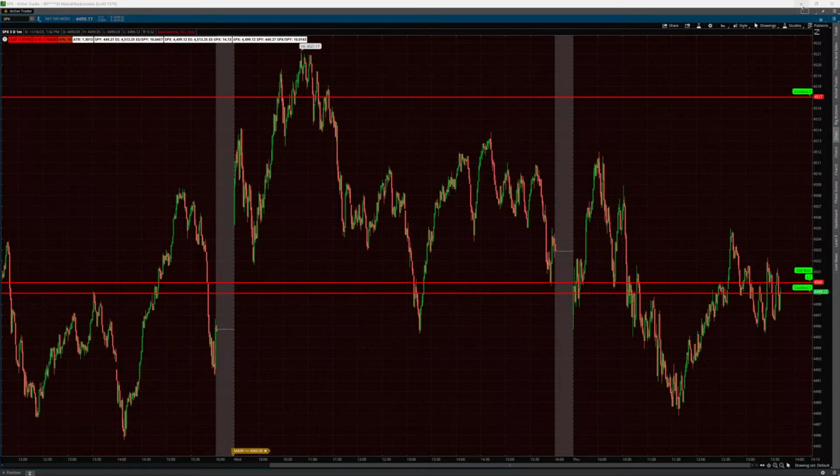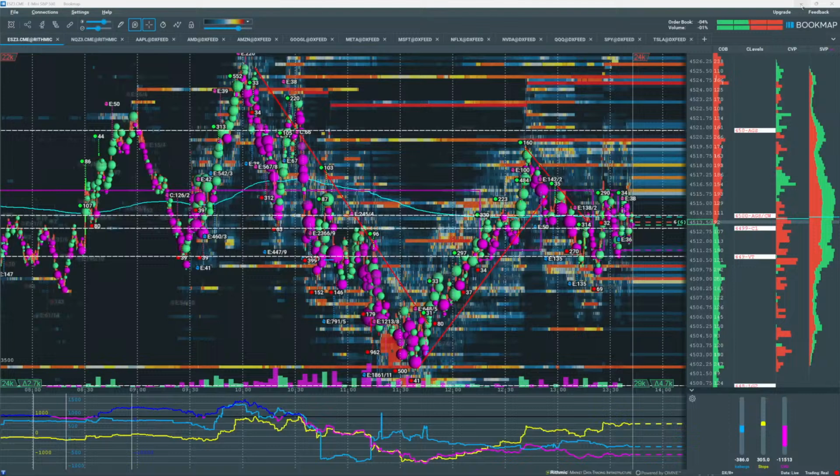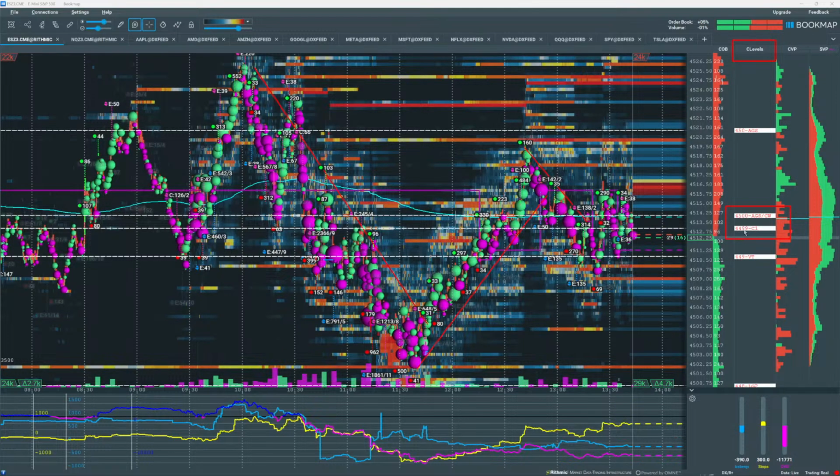All right, let's take a look at Bookmap. In Bookmap, I have my own cloud nodes, so I can show SPX levels. So there's the 4,500 absolute gamma strike call wall and the combo level just below that.